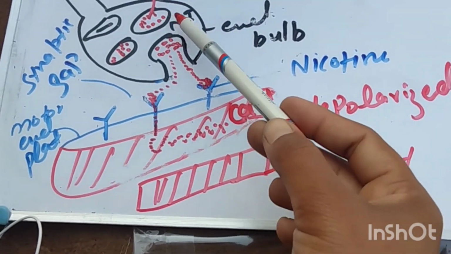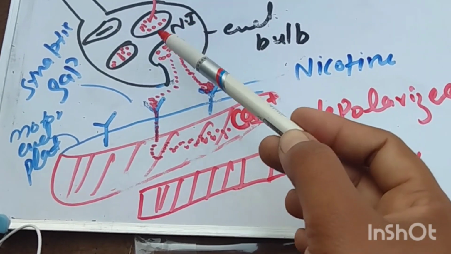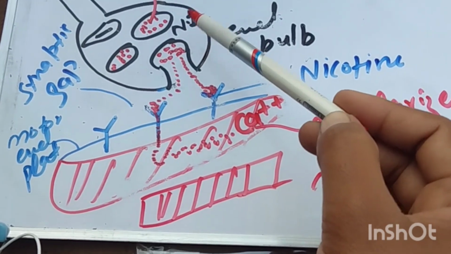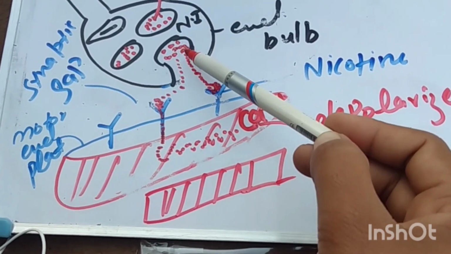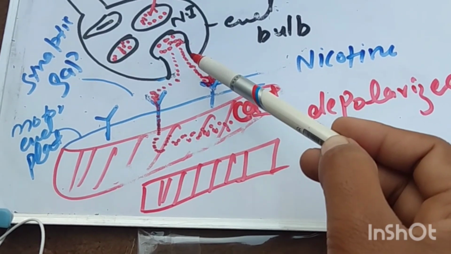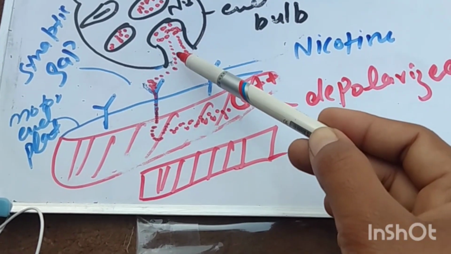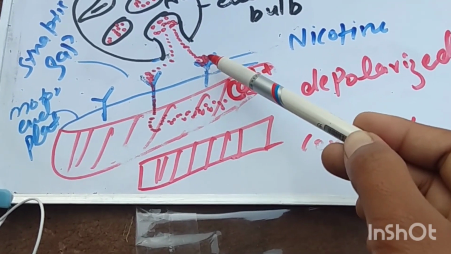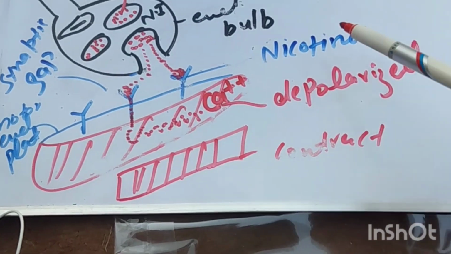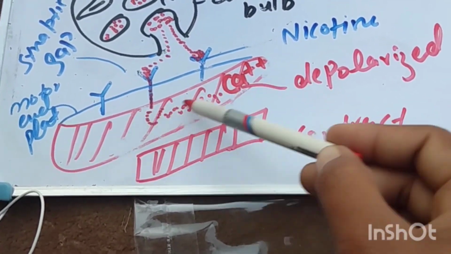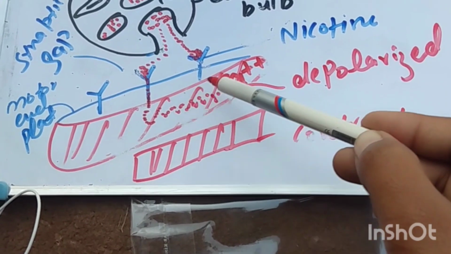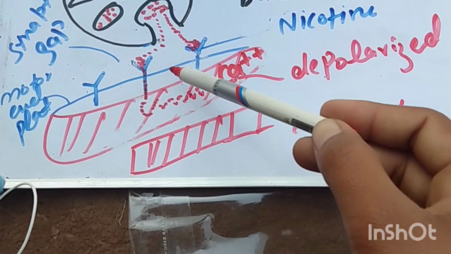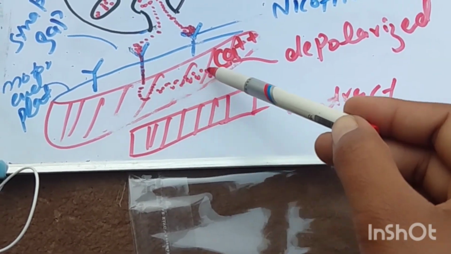This chemical is stimulated when the nerve impulse reaches the end bulb, and the nerve impulse stimulates these vesicles to diffuse and start releasing the chemical. Acetylcholine attaches to the receptors, the nicotine receptors attached to the muscles, and these receptors transfer the chemical into the muscles.